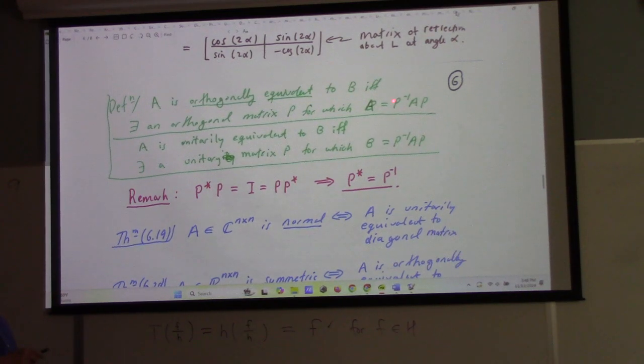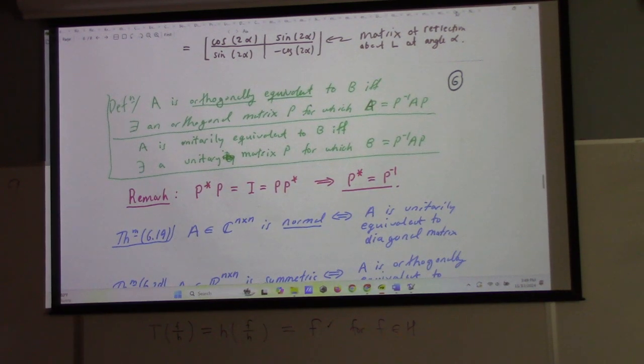All right. Of course, you can make these P inverses into what? P star, right? Because P star P equals I equals PP star means that P star is the inverse. So in the real category, that's a transpose. In the complex case, that's the conjugate transpose, which gives you the inverse.